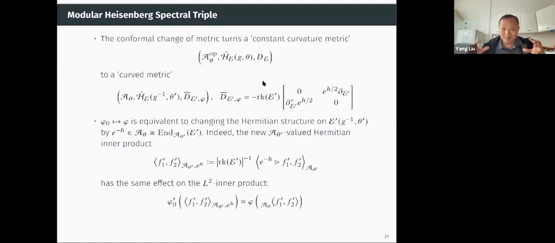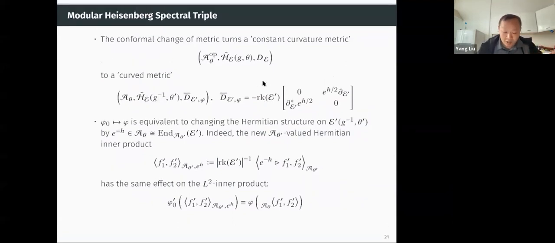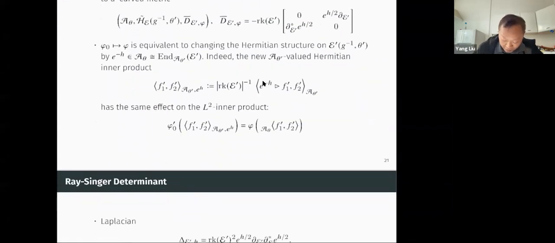So using the compatibility between the three inner products, A theta valued, A valued, and this L2, that's the point. So we should keep in mind. Then I will come back in a second.